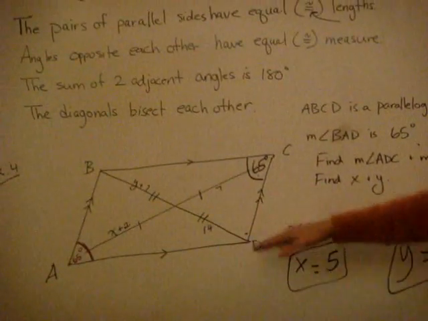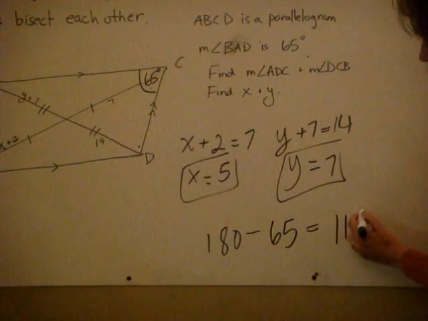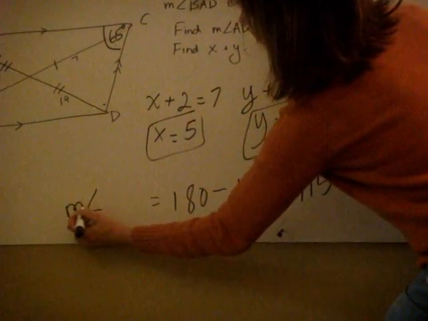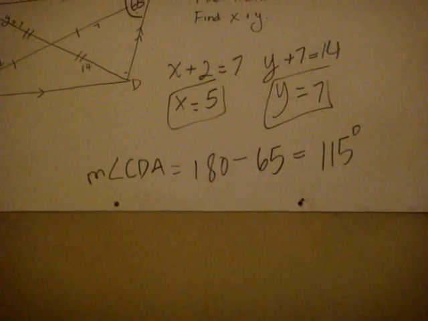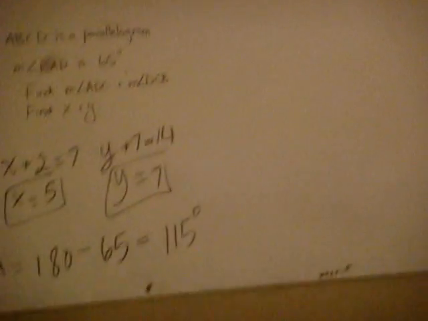So we take 180 minus 65 gives us 115 degrees, and that's our angle, the measure of angle CDA. So these are pretty easy. They're not difficult. Let's go to example 5.